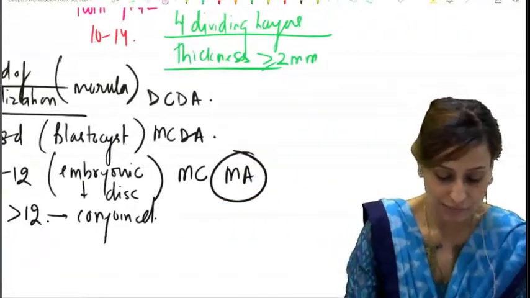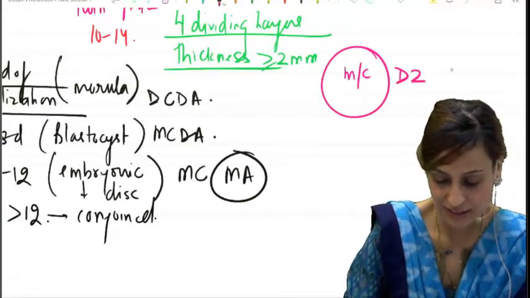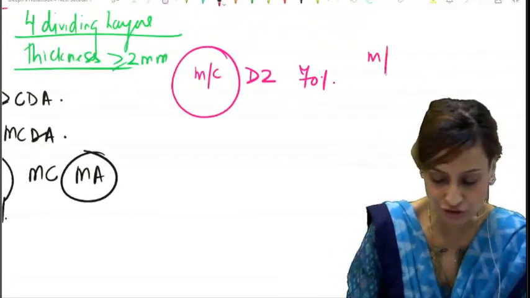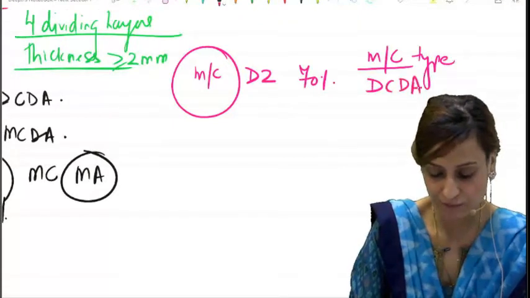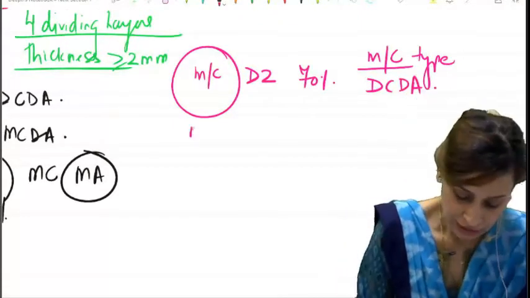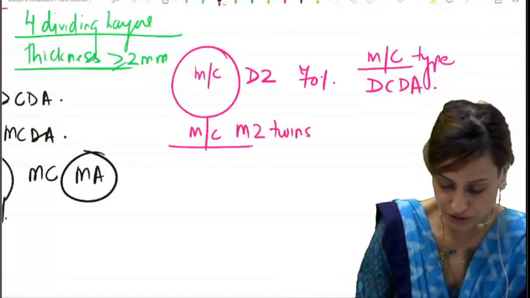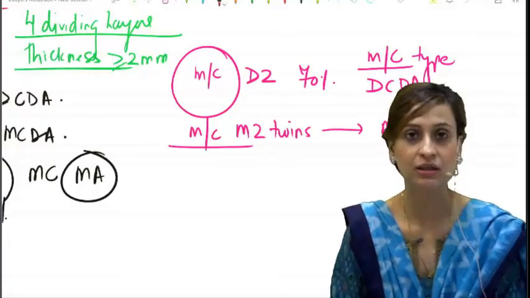Please remember, in general, the most common type of twins are dizygotic. So 70% of times it's dizygotic, and therefore in general the most common type of twins are dichorionic and diamniotic. But when we talk about the most common type of monozygotic twins, then it is actually monochorionic and diamniotic.